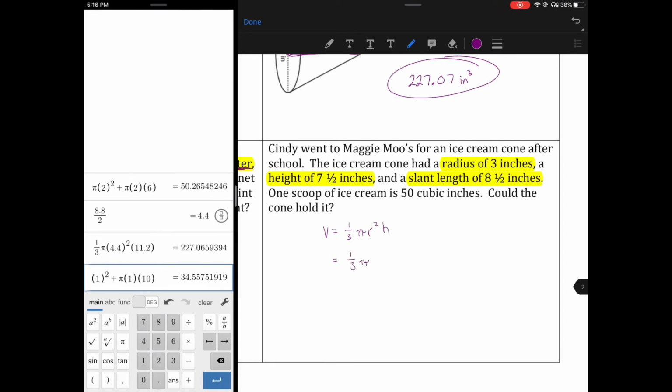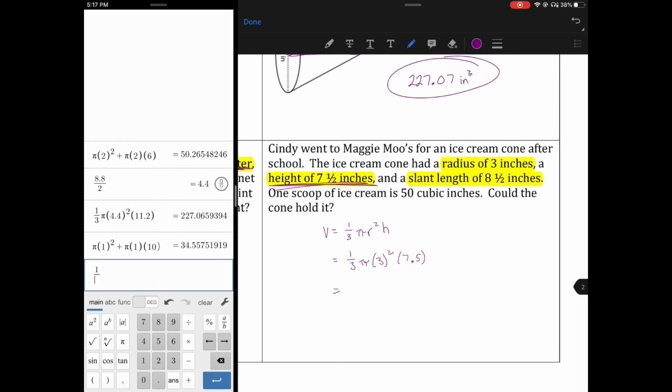So it tells us that our radius is 3 and our height is 7.5. And you can either put 7.5 as a decimal or as a fraction. Doesn't really matter. I'm going to put the decimal. Actually, it's a little bit easier to put into Desmos. So then I just need to solve.